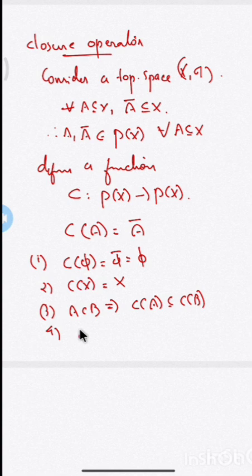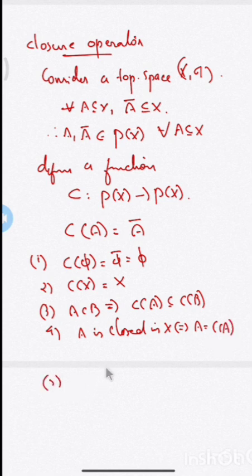Since there is a topology, we can talk about the closedness of a set. A is closed in X if and only if A equals C of A.